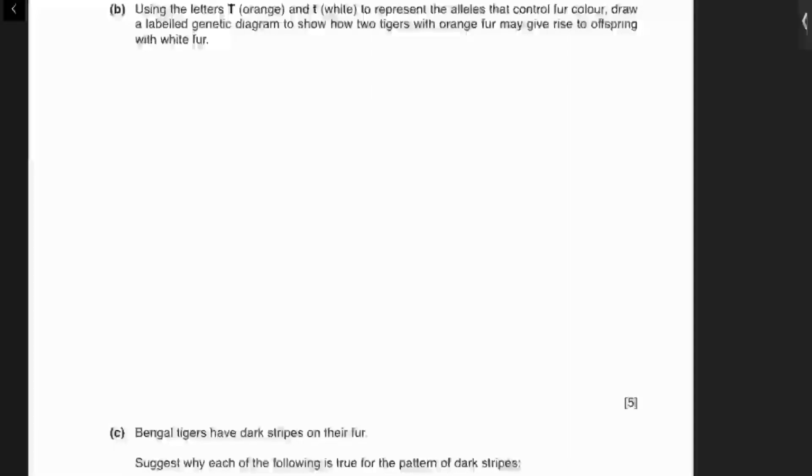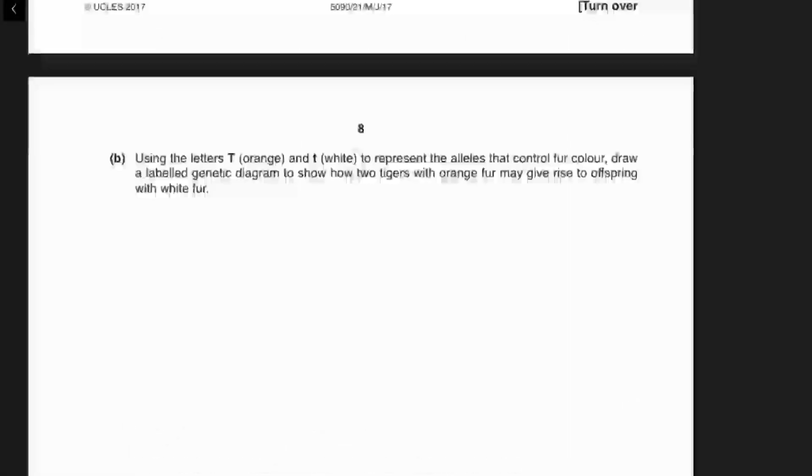Okay, okay. The correct answer is, first of all, sometimes they might not even give you the key. They will not even tell you which allele is for what, right?